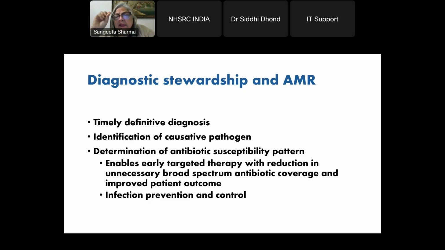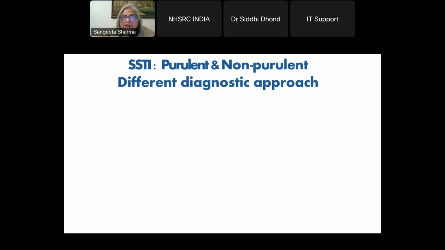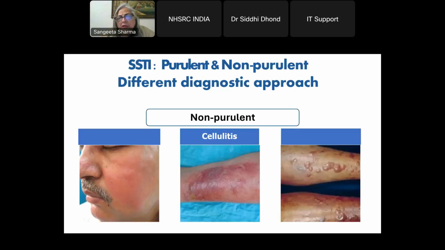Even one single dose of antibiotic can render your culture and sensitivity no growth, sterile. And if you have not stored or collected the sample properly, even if you send it to the lab, you may not get a good yield. So diagnostic stewardship is very important.